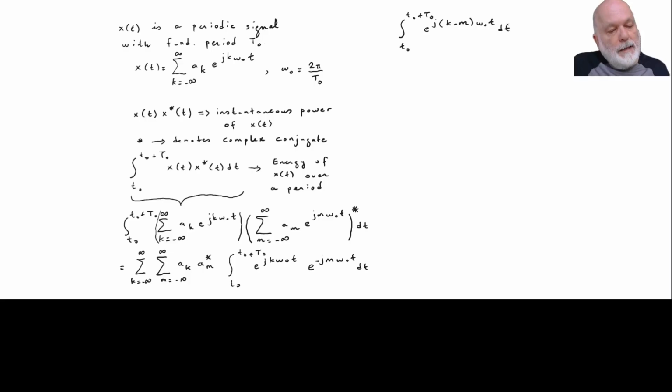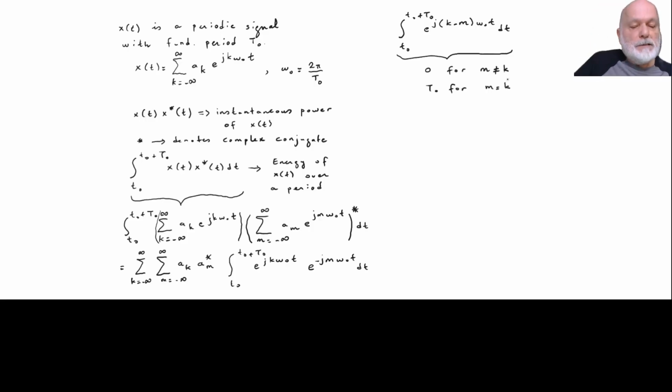Okay, so this integral is 0 for m different from k, and it is equal to T0 for m equal to k.